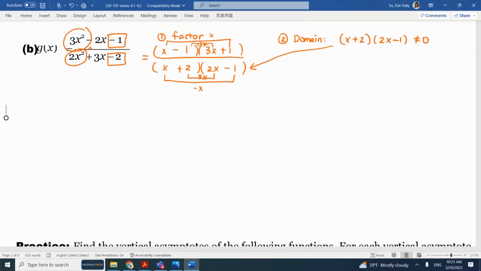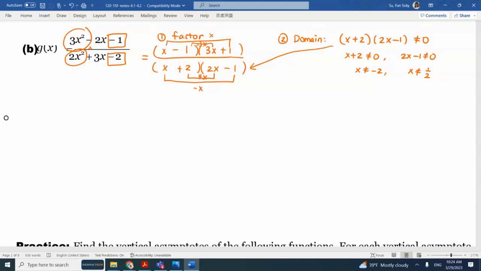What do you do? You set them not equal to 0, right? Okay, x not equal to what? Negative 2. And this one, x not equal to 1/2. Very good. So this is the domain.